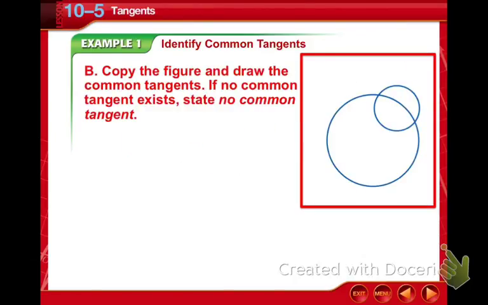So here is another example. Again, copy the figure, same process. Here we definitely have some common tangents, and you can see that they go across the top of this, right? Oh, the line's not good. Let's see if I can get a good line here that will actually do what I want it to. There we go. You can see that that line touches both of these circles, right?